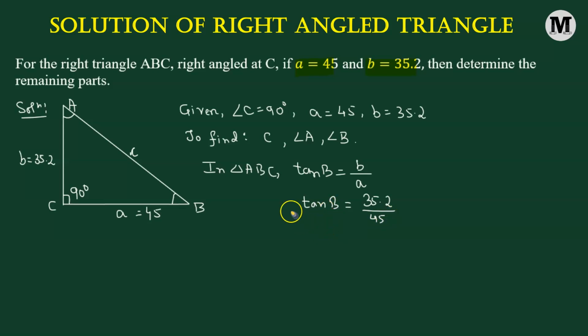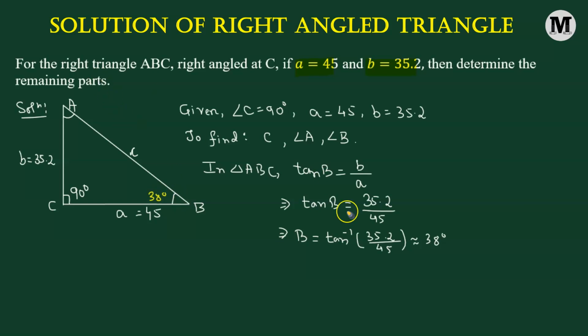Now to find the angle B, we take the inverse tangent function of both sides, such that B equals the inverse tangent of 35.2 divided by 45. Now let's use our calculator to obtain this value, and this comes out to be approximately 38 degrees. So the measure of angle B comes out as 38 degrees.